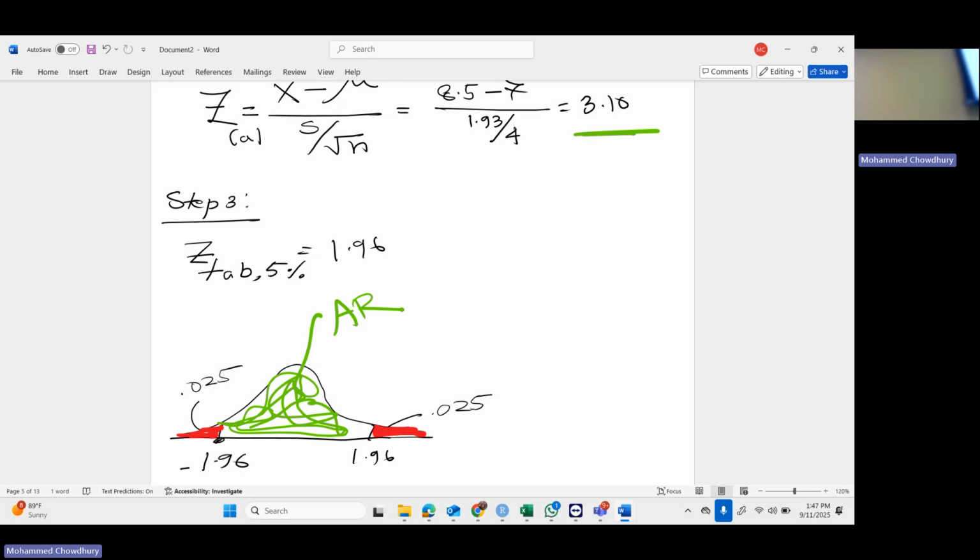That is called the calculated value from the data I am calculating. And tabulated value is universal. Wherever you go, if you do not like America, want to go and live in South Africa, you have to take this table. If you want to go to Europe, you have to take this table. If you want to go and live on Mars, you have to take this table.